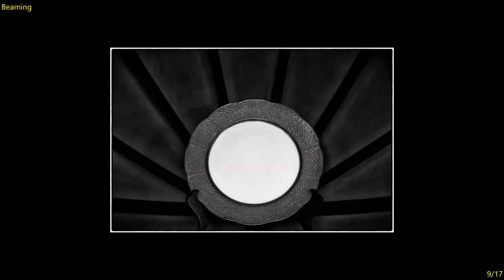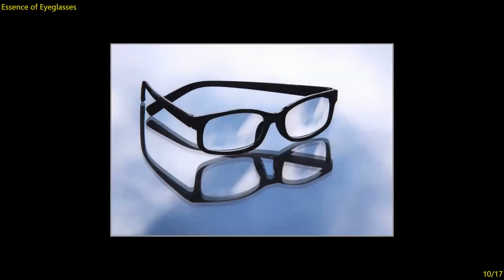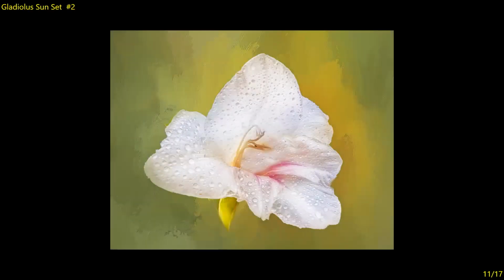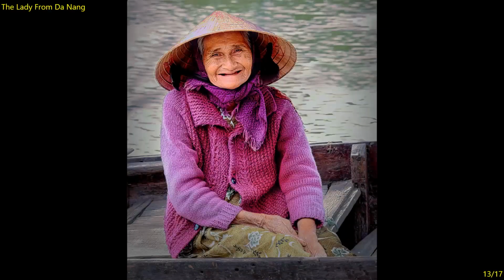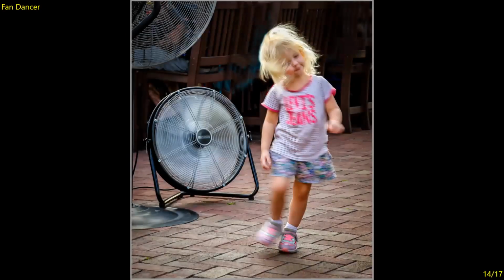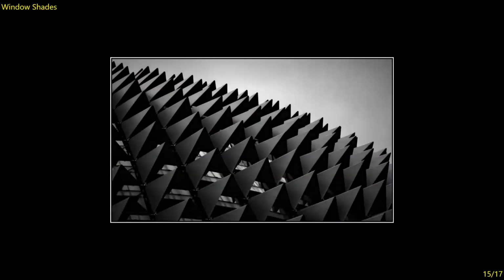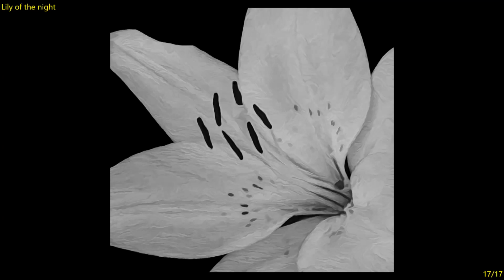Beaming. 7. Essence of eyeglasses. 8. Gladiolus sunset number 2. 8. Watch your step. 8. Lady from Da Nang. 9. Band dancer. 9. Window shades. 9. Old soldier, another 9. Lily of the night. 8.